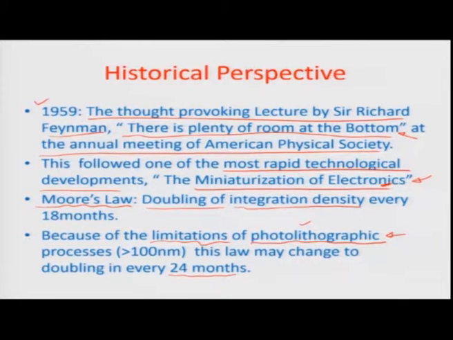So, this law has now changed to a level which says that the doubling can take place almost every 2 years. So, there is a definite fallout in the technology advancement because of this constraint which has been added on to the system, which is about the rate at which the miniaturization density must happen and or may happen because of limitations of the technology.